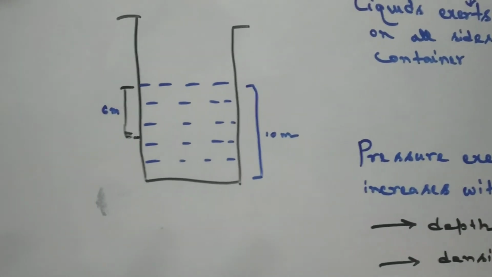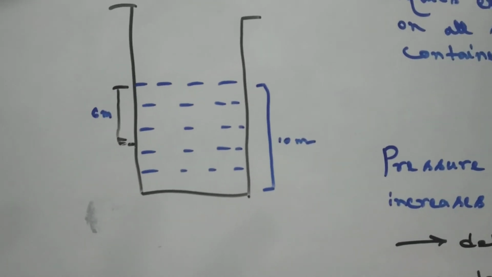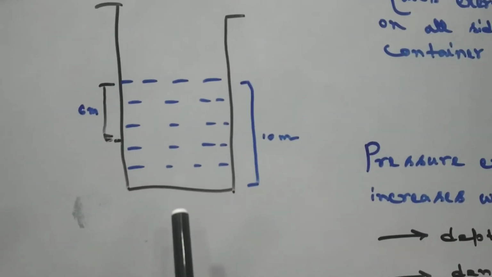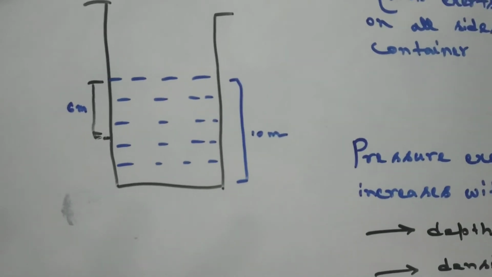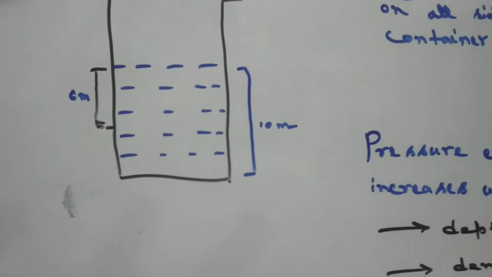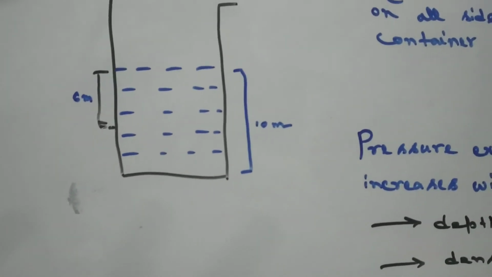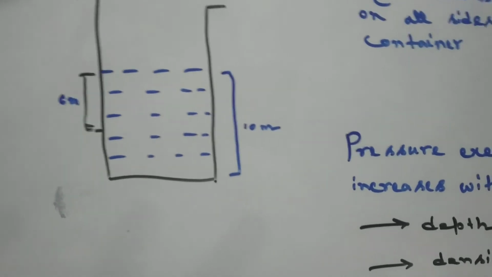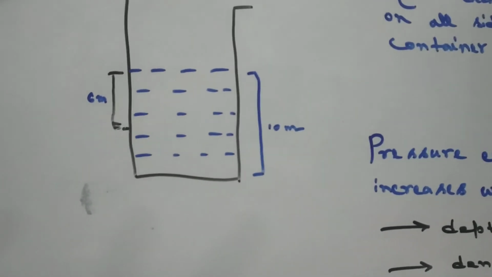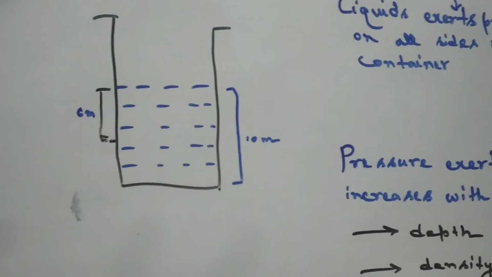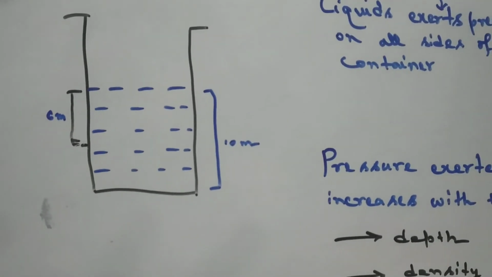That means if you pour water in the container and measure the pressure at any point, you will find that the water will exert less pressure than mercury, because water is lighter than mercury, or mercury is denser than water.